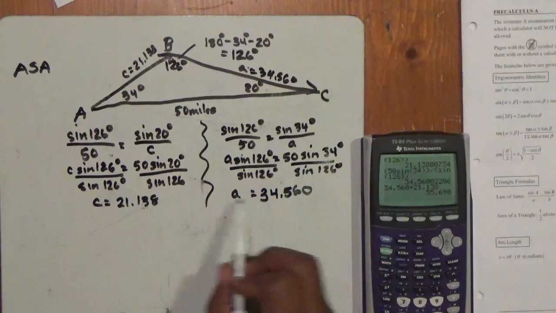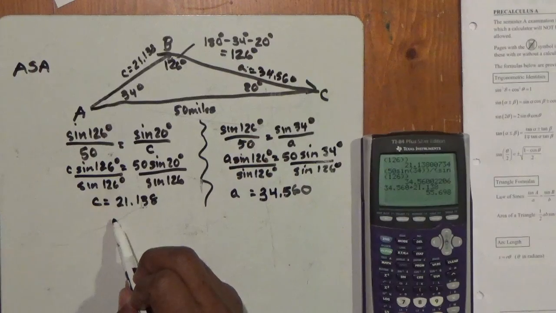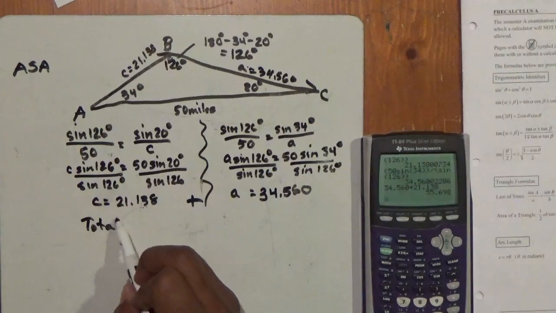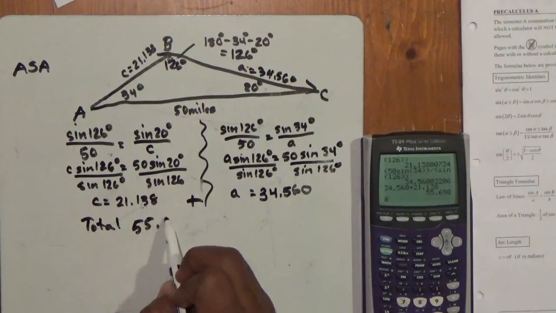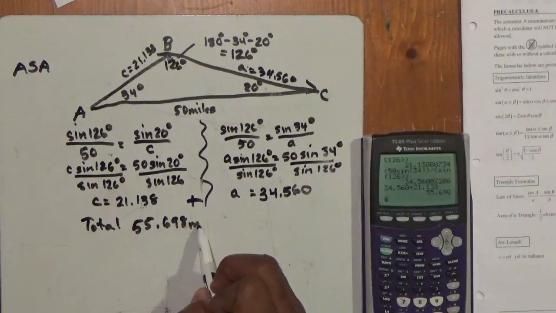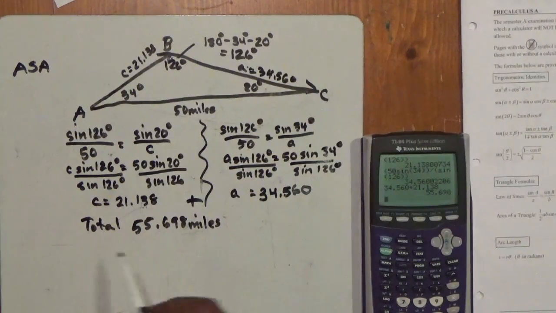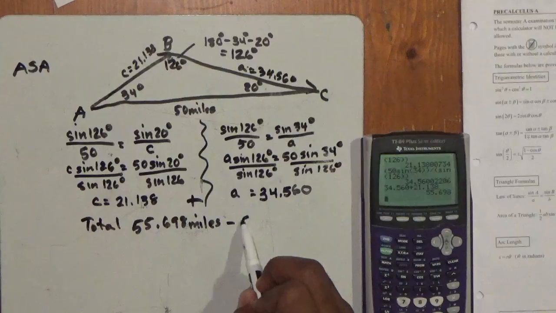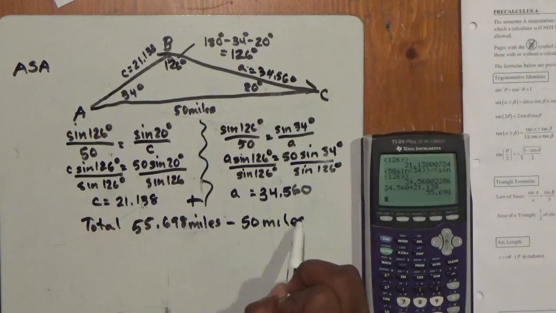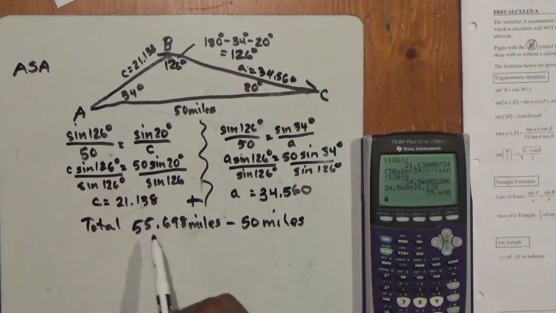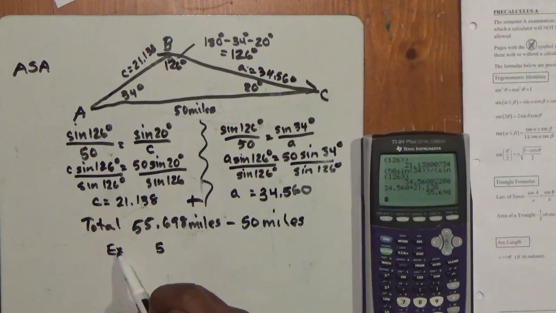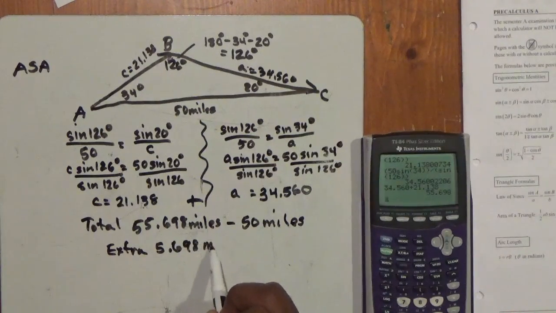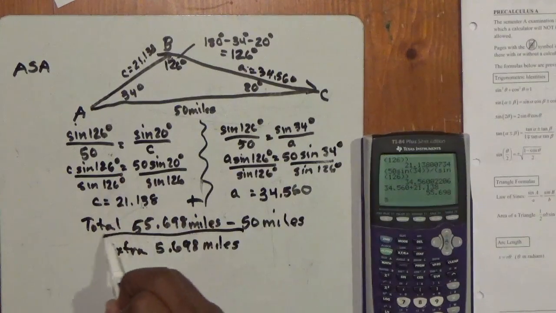So the total distance that the plane flew, if we add these two up, it flew 55.698 miles. And it should have flown 50 miles. So that means that it flew an extra 5.698 miles. And that's what they want.